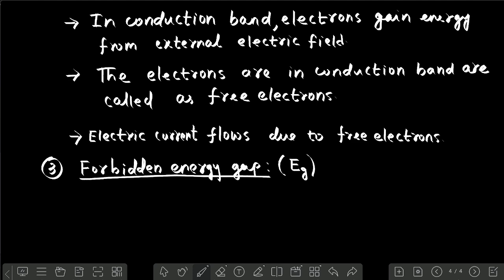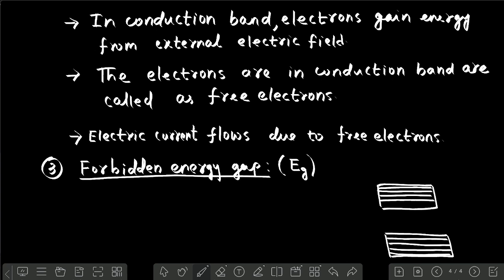Now all of you listen. Already we defined the valence band. Valence band is basically different energy levels where valence electrons are present. And conduction band is also defined. Conduction band is the band where free electrons are present.